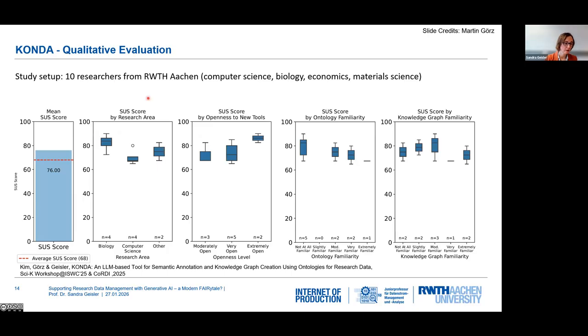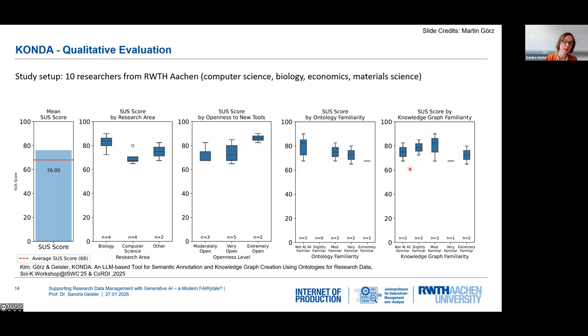We see here usability scores, which show that even if people are not that familiar with ontologies, they felt that they are supported very well by the tool in assigning metadata and enriching the data with the metadata. Similarly, we have good usability values for people who are not at all or only slightly familiar with knowledge graphs.